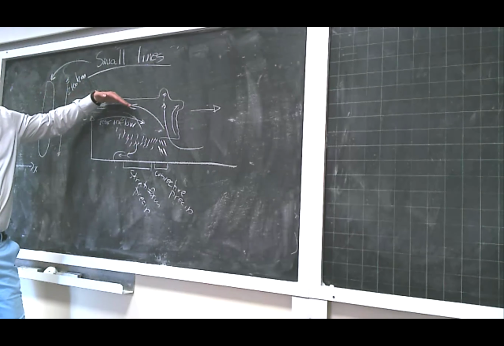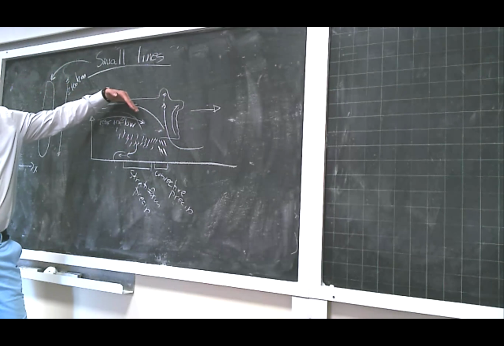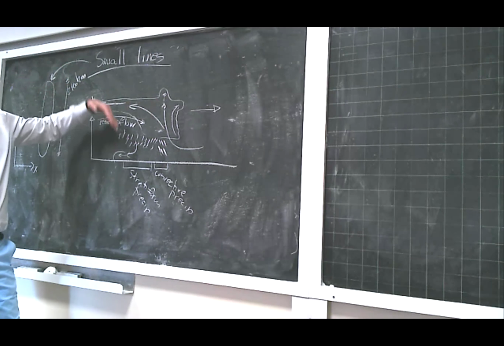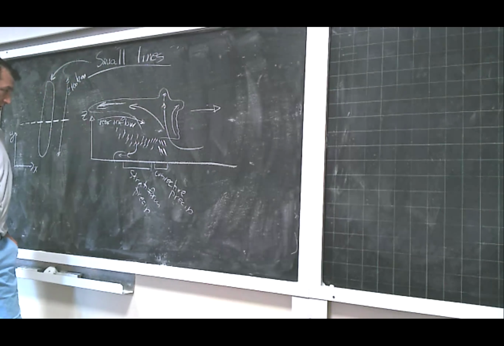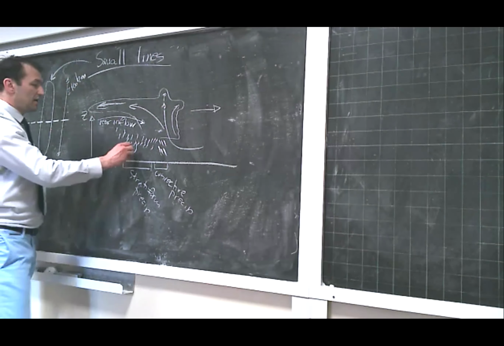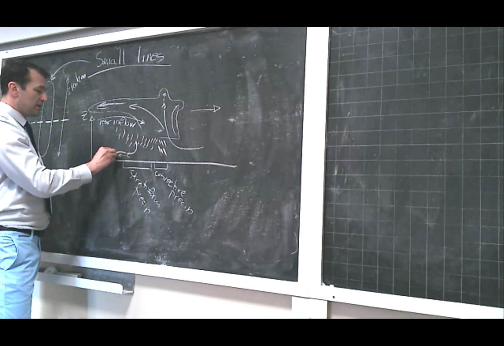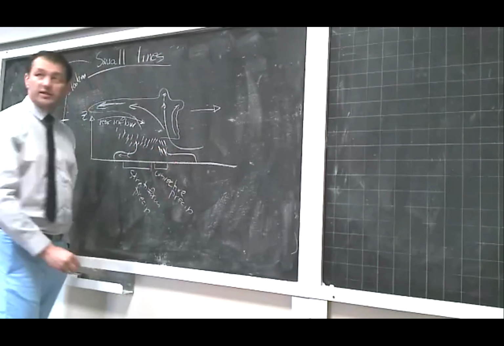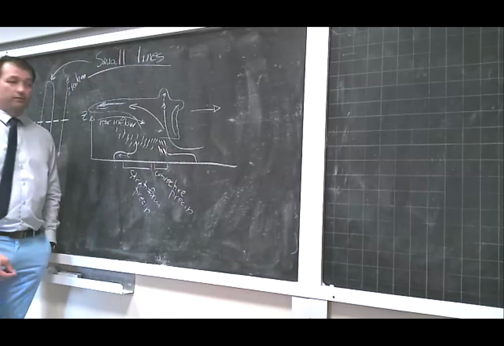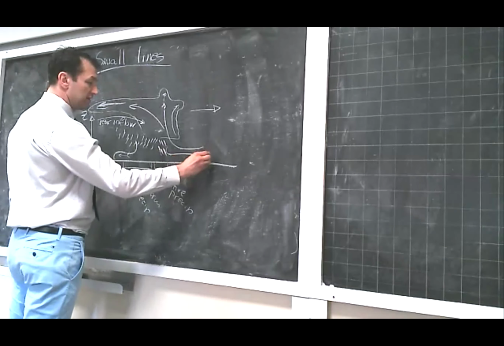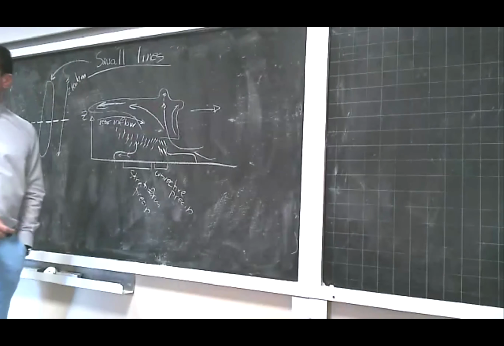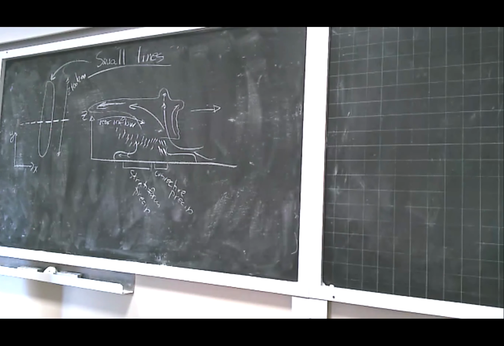This is also updraft, but it's inclined, so vertical velocities are not as strong as here, which means you get precipitation that is not as intense as over here. And then again, associated with the precipitation zone, you have outflow that spreads, just like before. Outflow spreads, and up against this outflow, you have updraft feeding into the cloud.